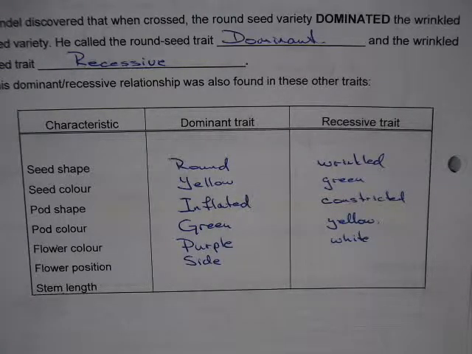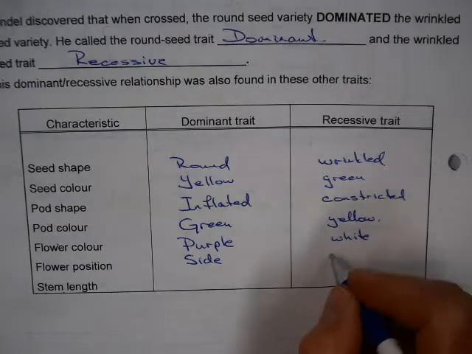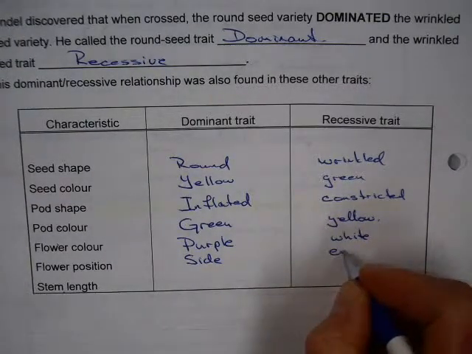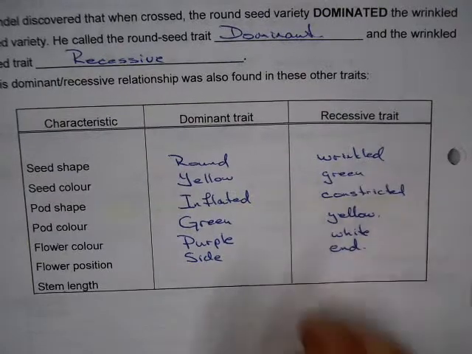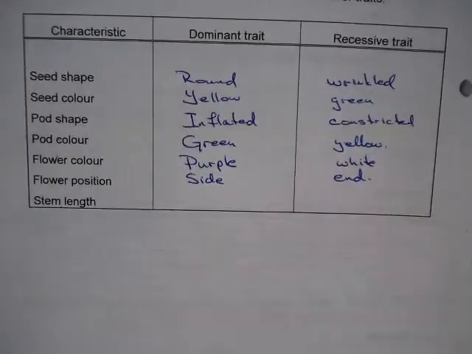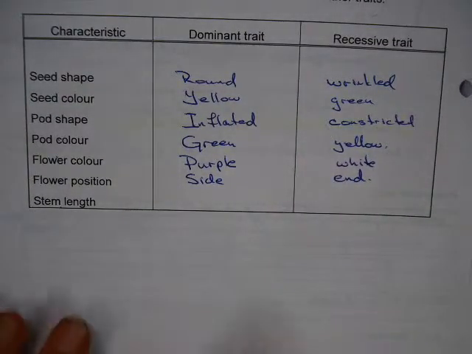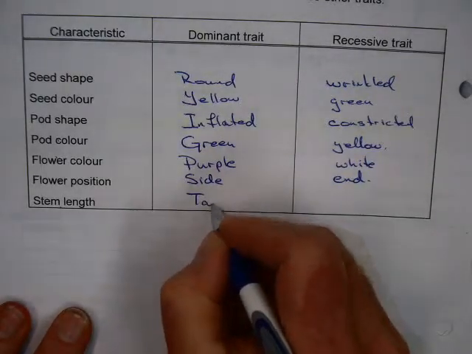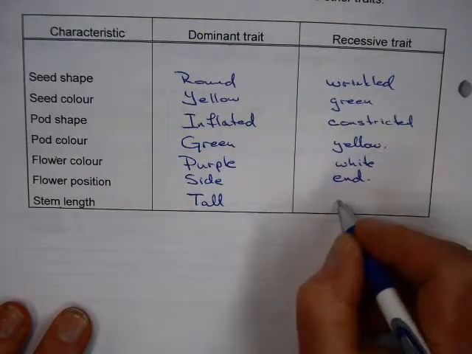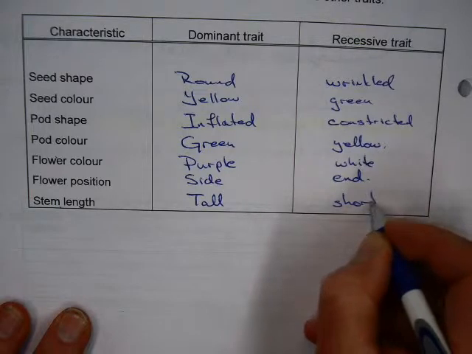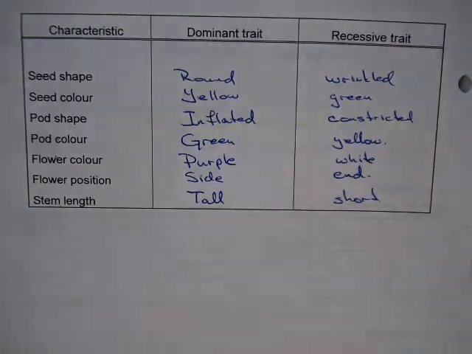Axial. Okay. The actual word is axial. If you look at the recessive trait, the flowers would be on the end, and those are called terminal. So these are on the end of the stems. Okay. The last one, stem length. So how big is the stem? The dominant was always tall. Recessive was always short. Okay?